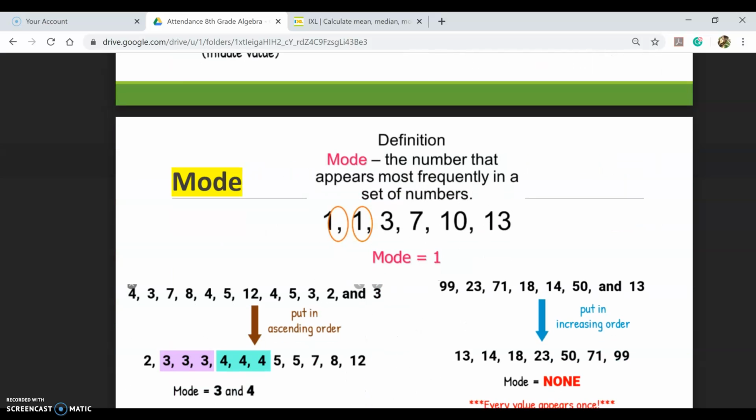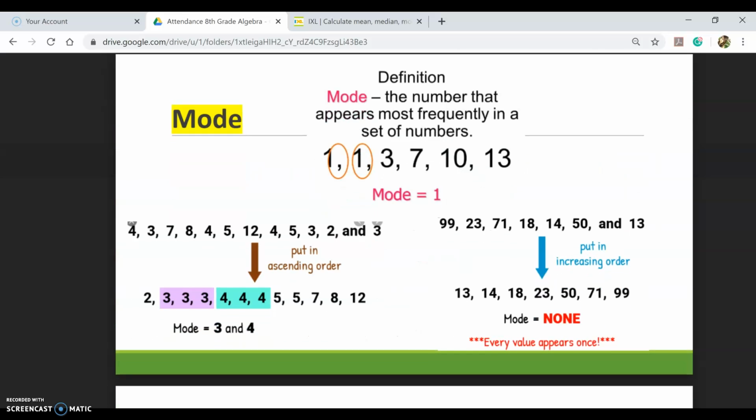Now for the mode, you can have 3 cases. First of all, the mode in general is just the number that appears most frequently in the set of numbers. The one that repeats the most, that's the mode. Case 1 is if you have only one number as the mode.